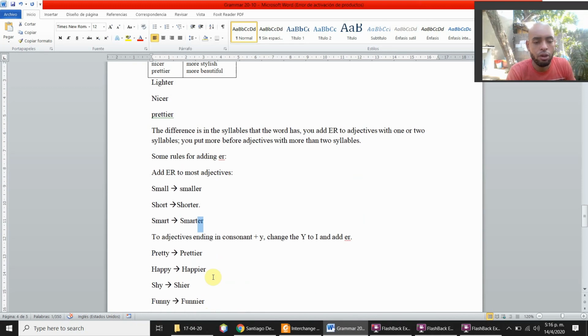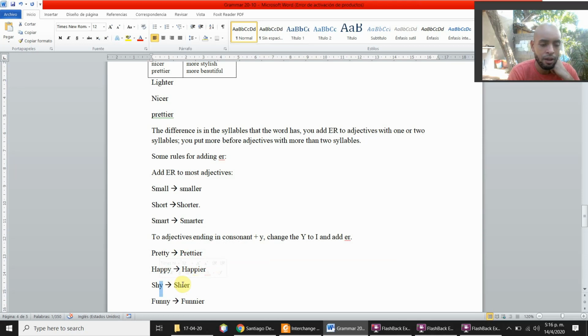Now, adjectives ending in consonant plus Y. Change the Y to I and add ER. For example, pretty, prettier. Happy, happier. Shy, shyer, the same.